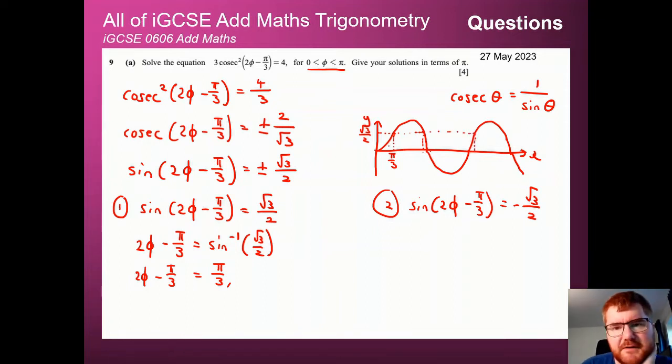So this one here, just by using symmetry of the graph, so this is pi here, this is pi over 3, this is pi over 3, badly drawn. So this is going to be 2 pi over 3. Now if you ever get stuck with, okay, is 2 pi over 3 really an answer? Put it into your calculator and you can check that you do get root 3 over 2. However, because we've got this 2 in front of the phi, we are going to need some more answers here.